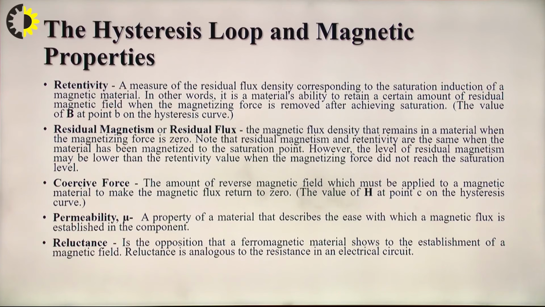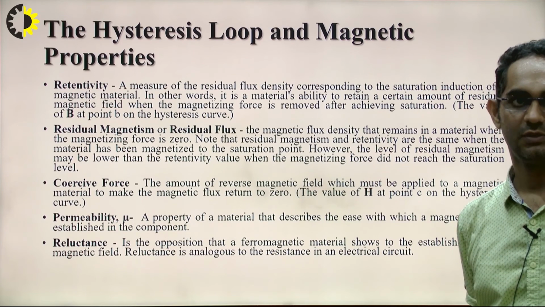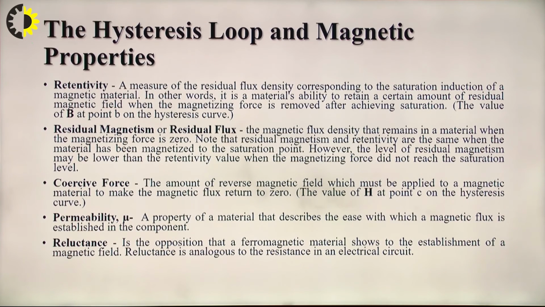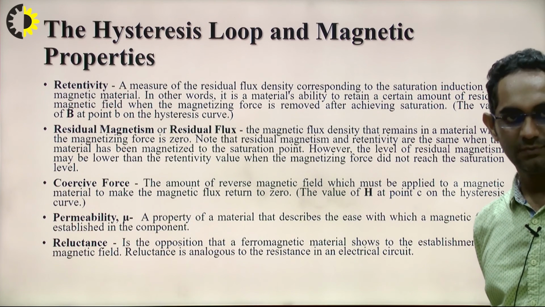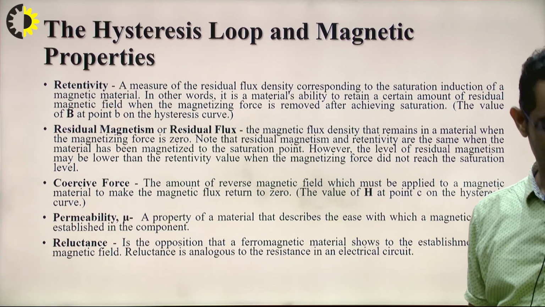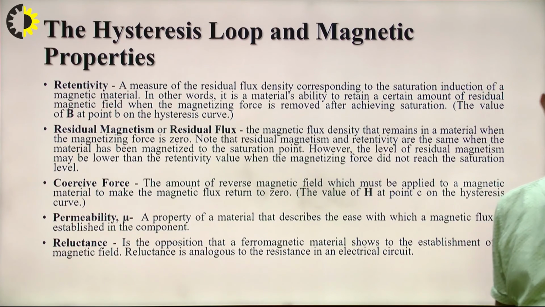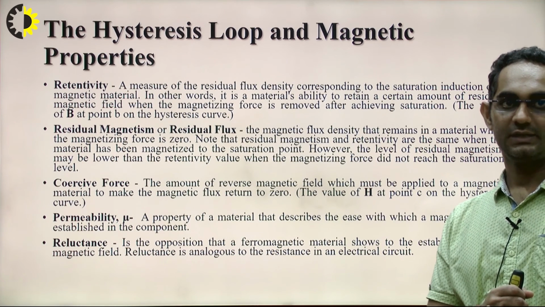Next is the residual magnetism or residual flux, the flux density that remains in a material when the magnetizing force is 0. Note that the residual magnetism and the retentivity are the same when the material has been magnetized to the saturation point.